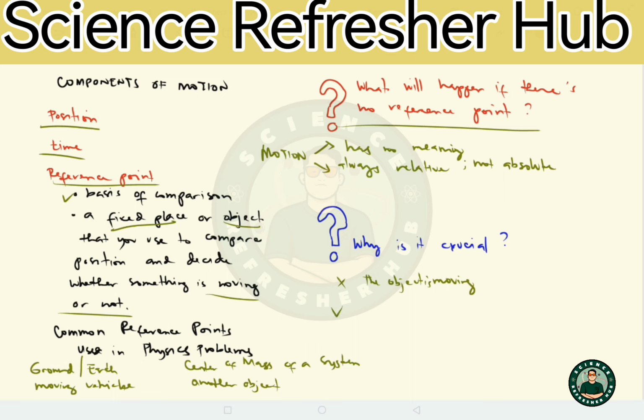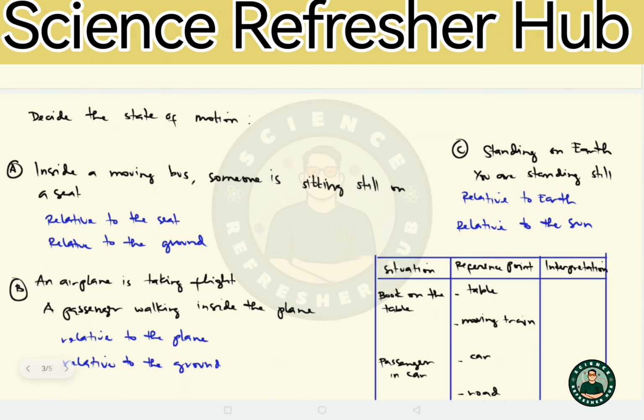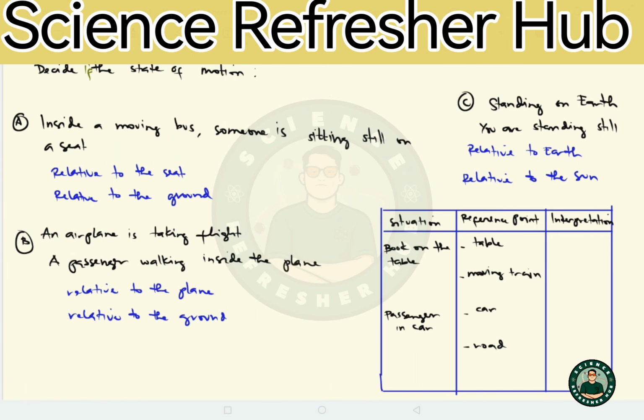It must be that the object is moving relative to something, relative to the ground, relative to the seat of a moving vehicle and stuff like that. I hope you understand something about the components of motion, especially the importance of reference points.